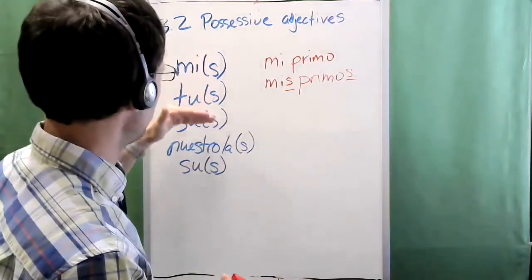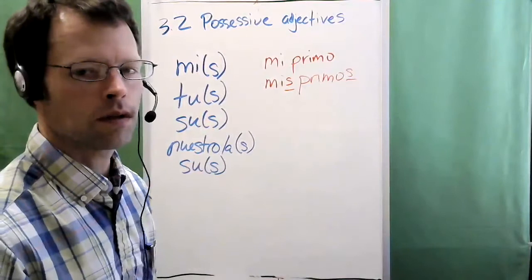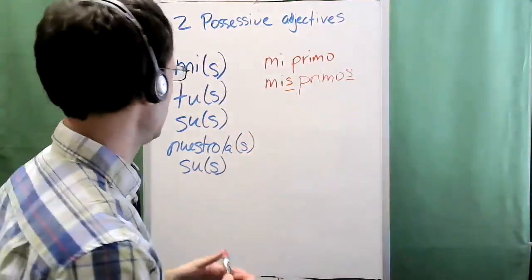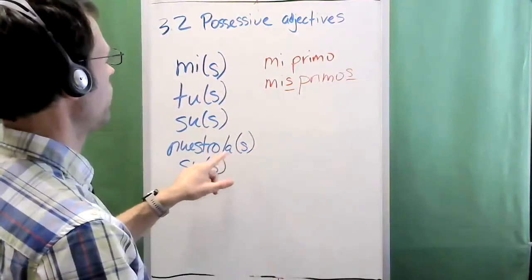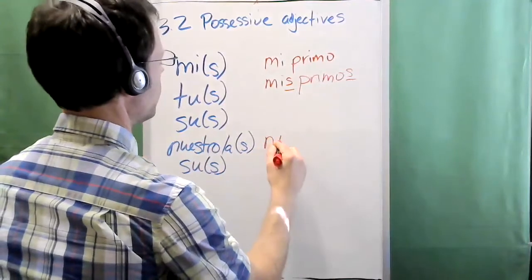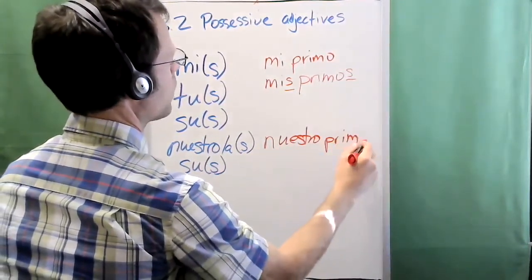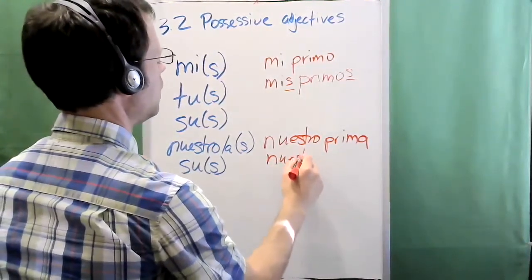Now this same thing is going to carry on down through the other possessive adjectives. So you get tus primos, sus primos, and then with this one, our, we also have gender. So it's nuestro primo, but if that cousin is female, then it's nuestra prima.